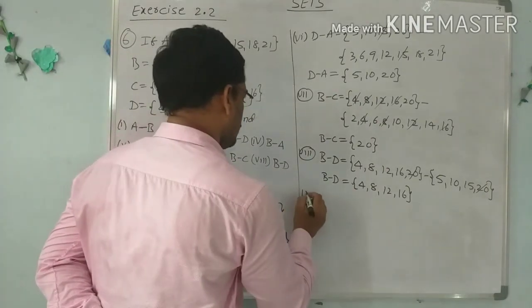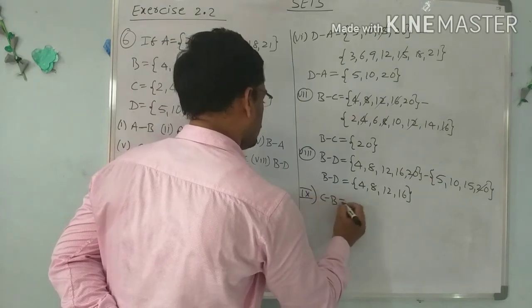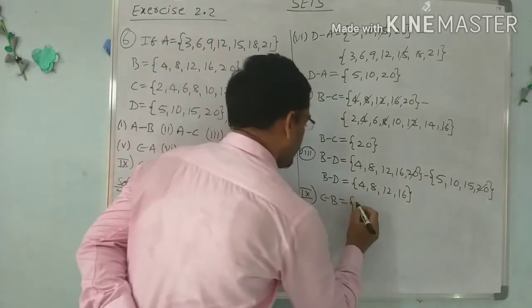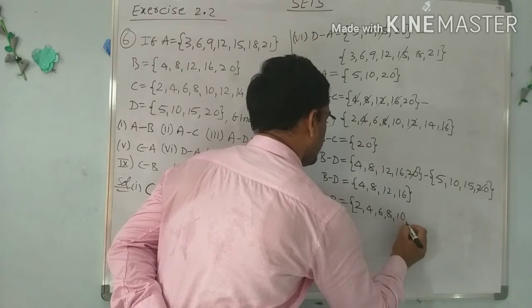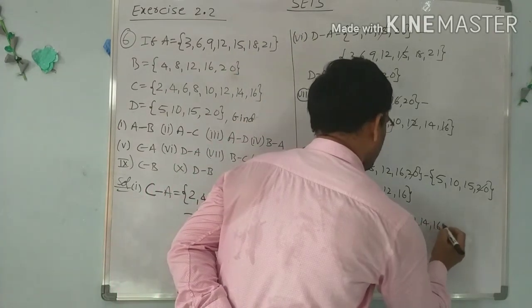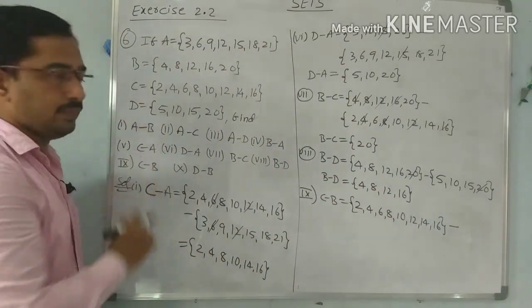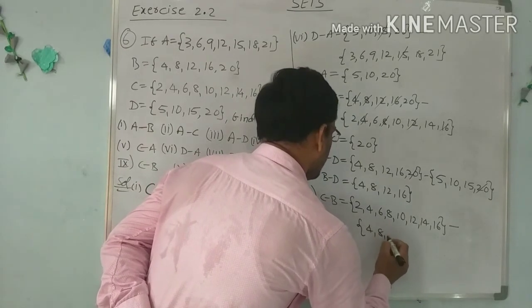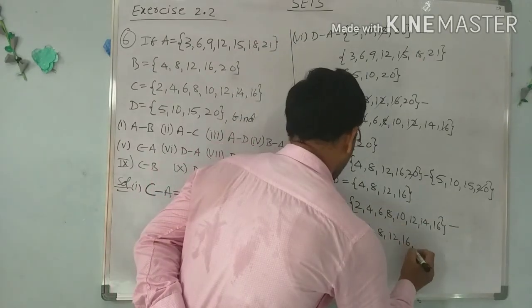Next, ninth, C minus B. Write the elements of C: 2, 4, 6, 8, 10, 12, 14 and 16, minus set B elements. The B elements are 4, 8, 12, 16, 20.